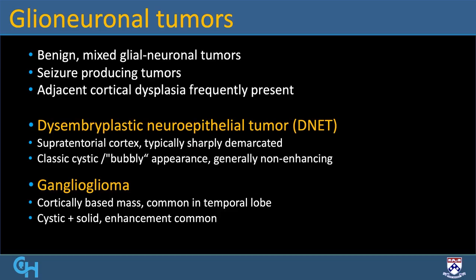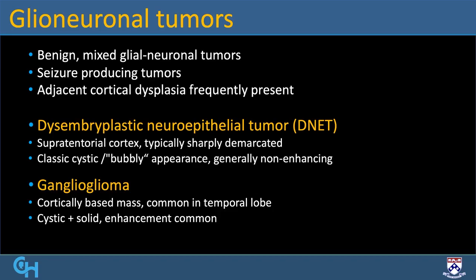And this group is notorious for producing seizures. They are actually the seizure-producing tumors of childhood. And it is very common to see a cortical dysplasia associated with these tumors. And the two important entities in this group are the DNET, or the dysembryoplastic neuroepithelial tumor, and a ganglioglioma.